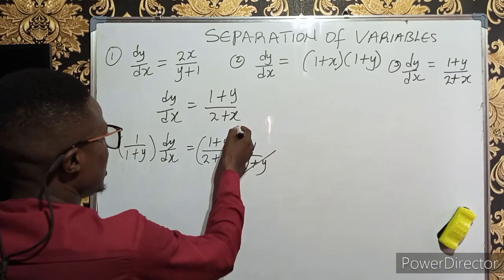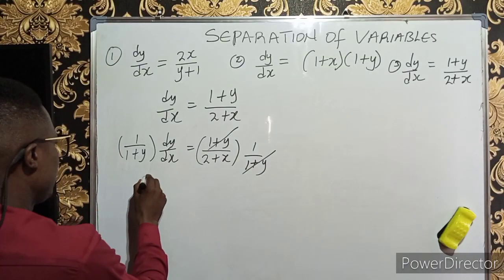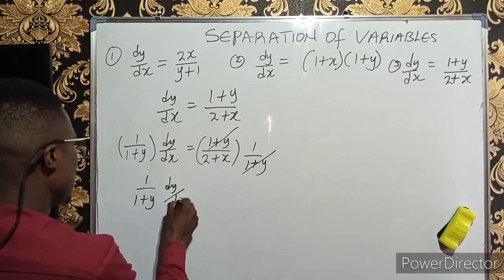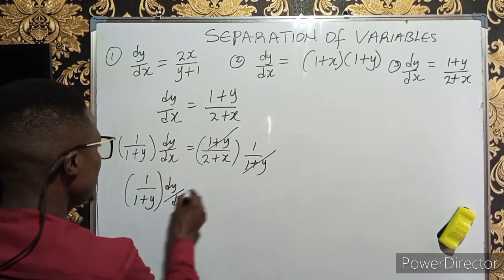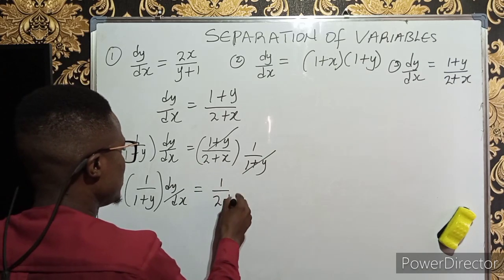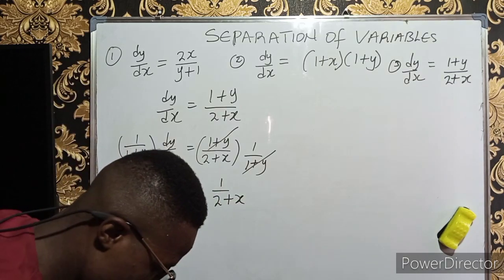So that this will cancel out. We are left with 1 over 1 plus y dy over dx equals 1 over 2 plus x. That is what we are left with.